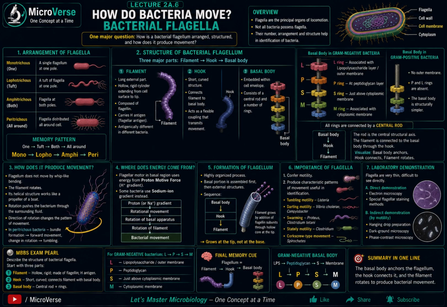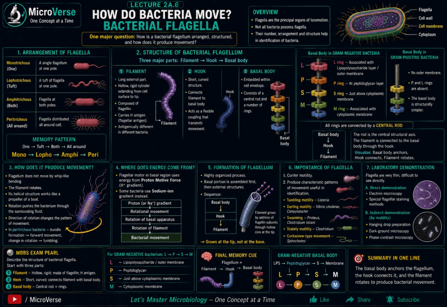Then the P ring, which is located at the peptidoglycan layer. Then the S ring, which is located just above the cytoplasmic membrane. At last, the M ring, which is associated with the cytoplasmic membrane. So the classical arrangement is L, P, S, and M from outside towards the cytoplasmic membrane.